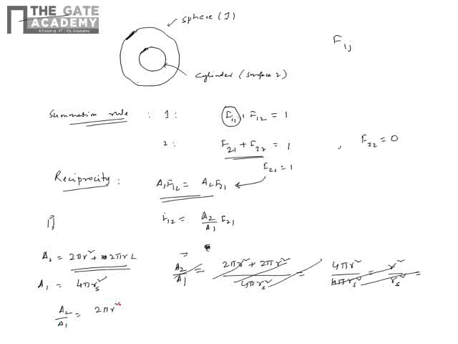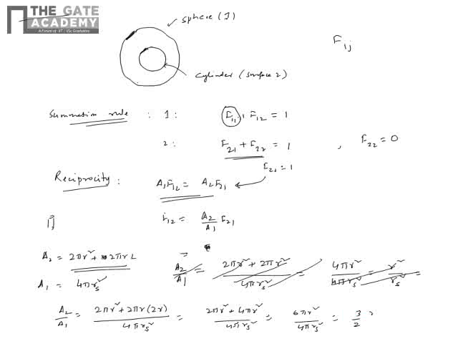A2 is 2 pi r square plus 2 pi rl. Now the length is equal to the diameter, so I can write L is 2r, right? And the denominator is 4 pi rs square. So this becomes 2 pi r square plus 4 pi r square over 4 pi rs square. Remember, r is the radius of the cylinder. So this becomes 6 pi r square by 4 pi rs square, which becomes 3 by 2 times r square by rs square. So the radius of the cylinder is 0.25, squared, by the radius of the sphere 0.5, squared.